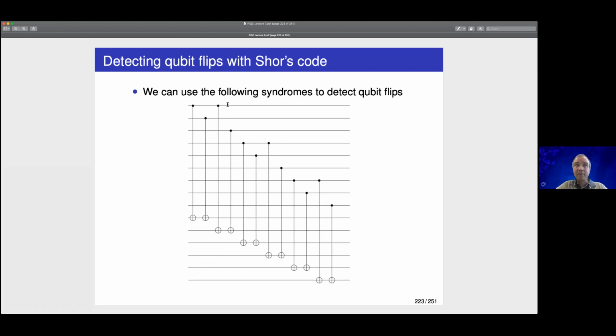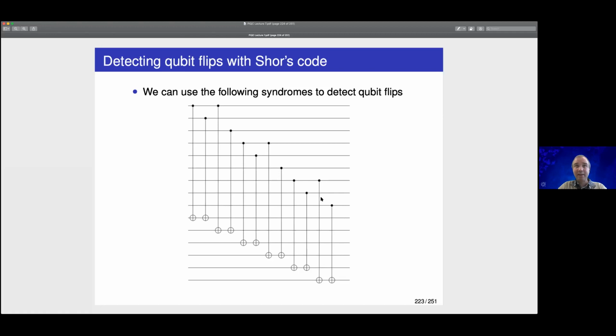So this is measuring a qubit flip in these 3 qubits. This is measuring a qubit flip in these 3 qubits, and this is measuring a qubit flip in these 3 qubits, okay? So since I'm using a concatenation of codes, I use the syndrome in each of the blocks that corresponds to the code that I'm using.